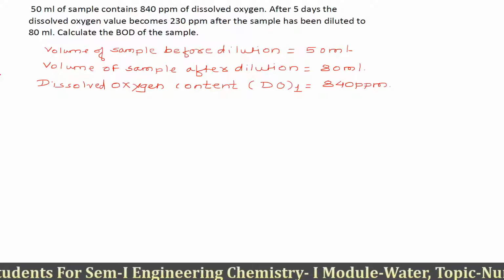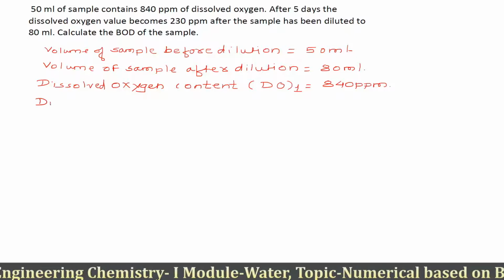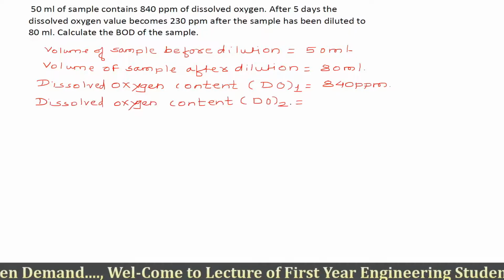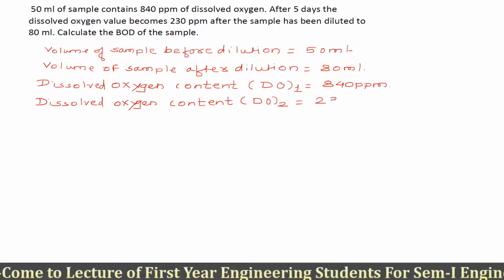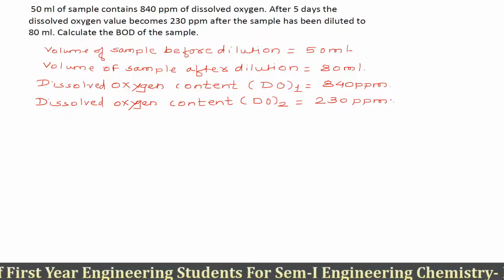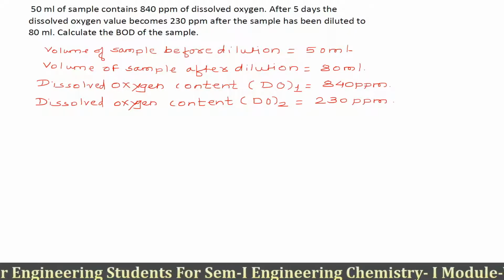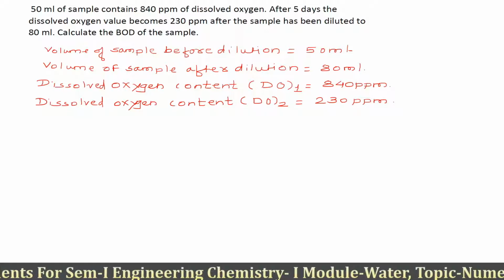And after dilution, the dissolved oxygen content, DO2, is 230 parts per million. So these are the values provided in the numerical.